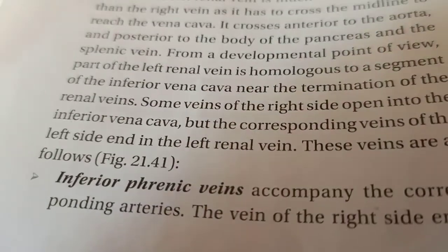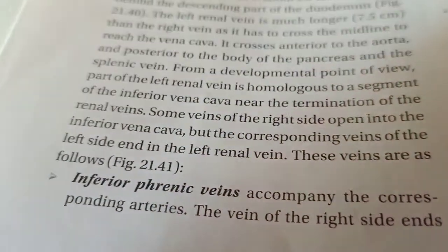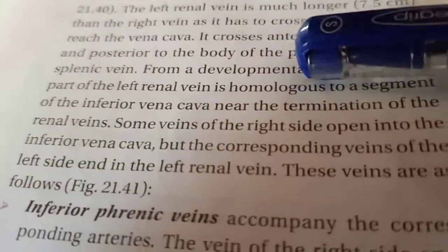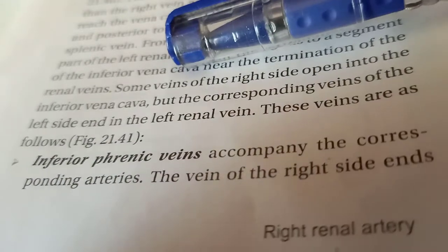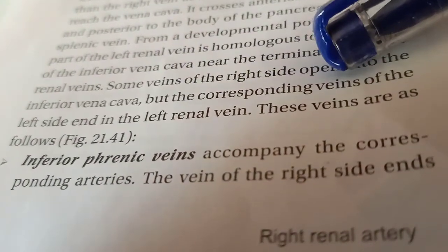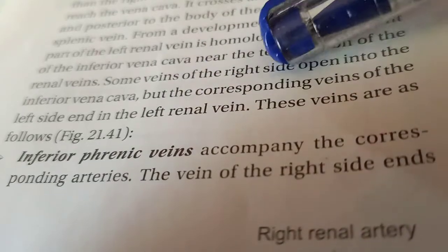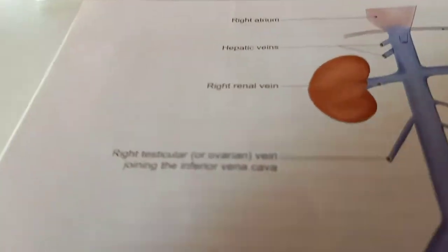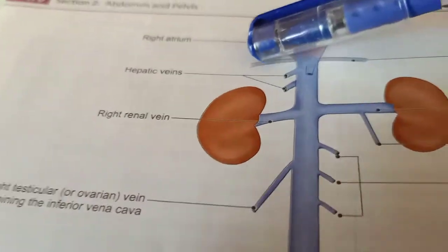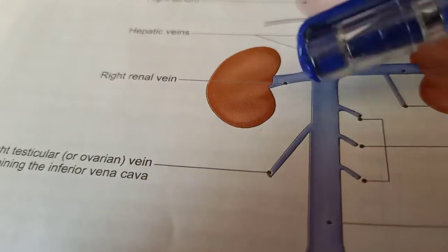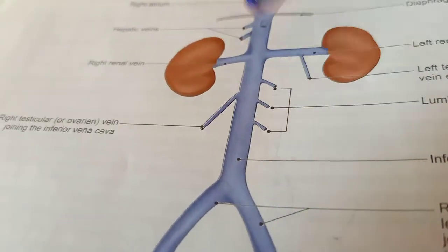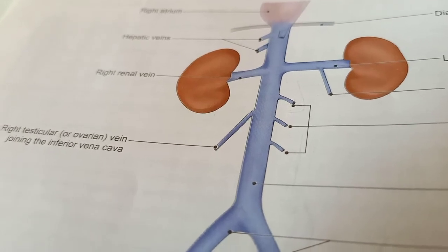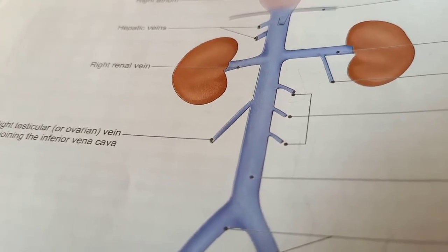Now there are certain veins which, on the right side, open directly into the inferior vena cava, but the corresponding veins on the left side open indirectly into the inferior vena cava, via the left renal vein.